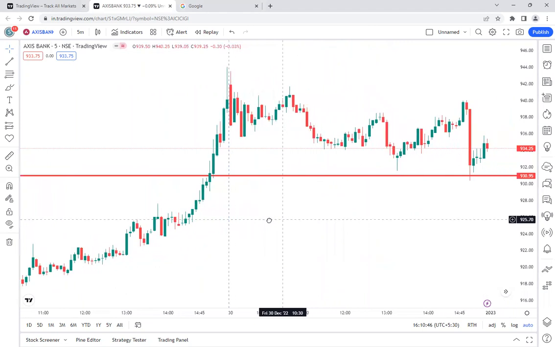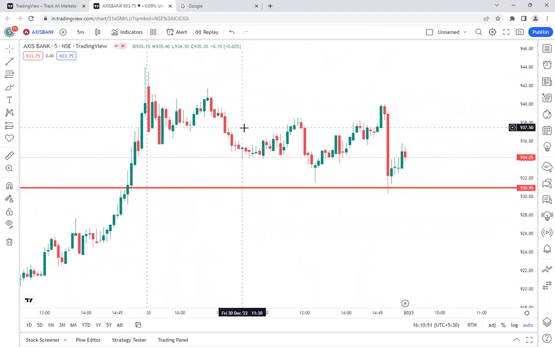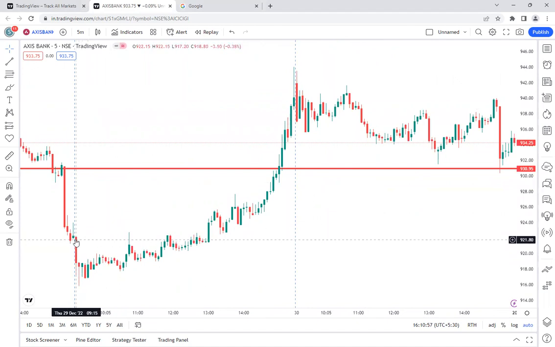So what happened today? If you compare the previous session and today's session, what is the behavior? Here also, initially for 15 or 20 minutes, it was somewhat a downtrend.